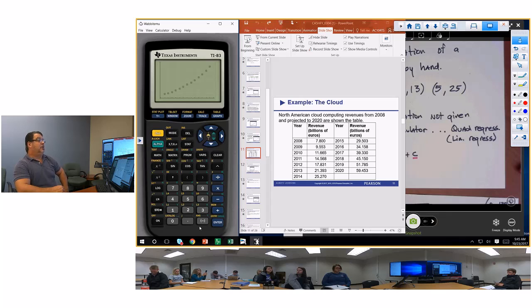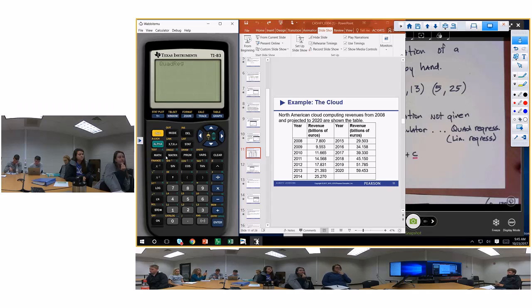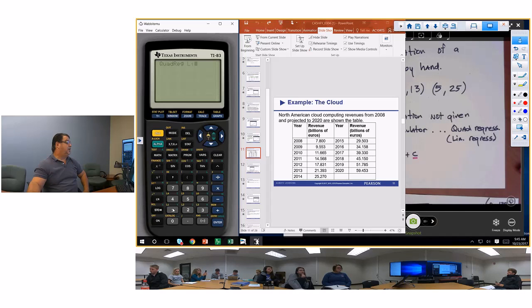It's non-linear. So now you hit stat, calculate, and then go down to what? Quadratic regression, second, L1, comma, second, L2. Enter. And write that information down. Now you have A, B, and C, so now you have a quadratic equation.